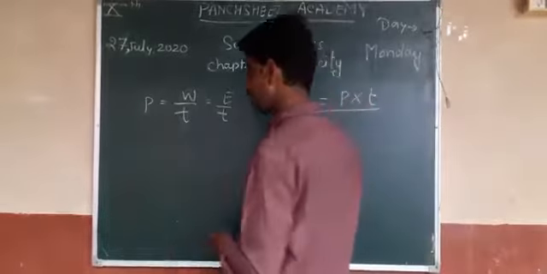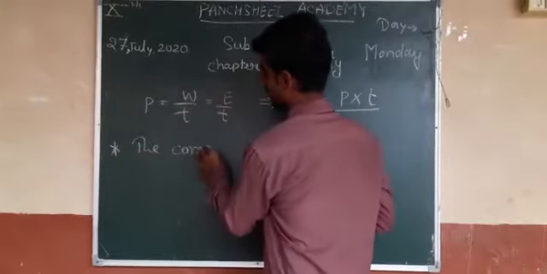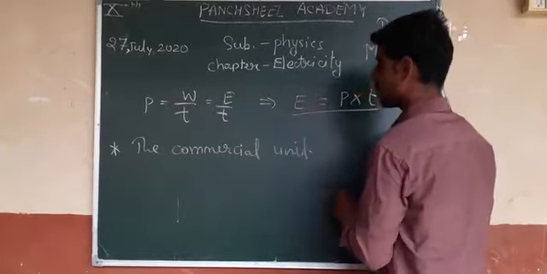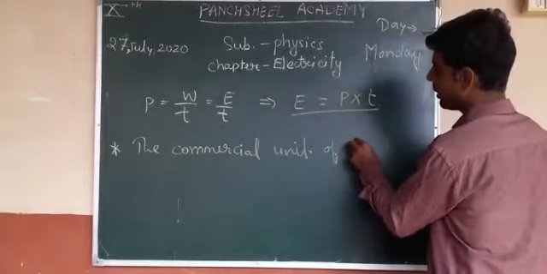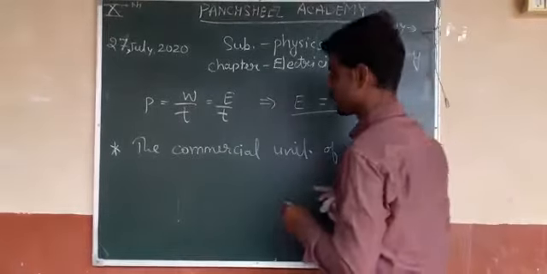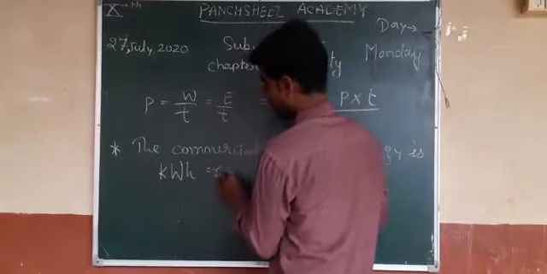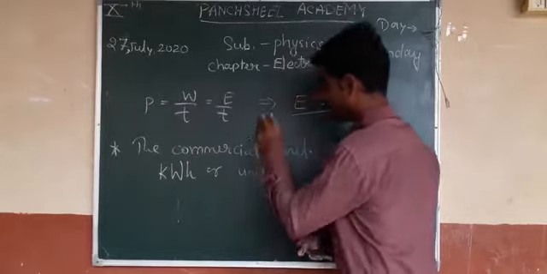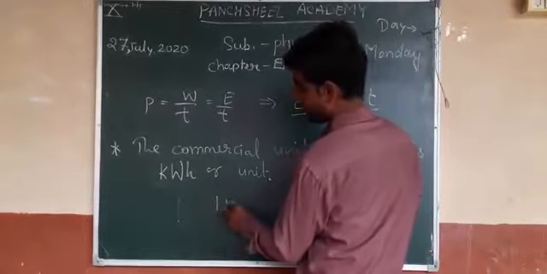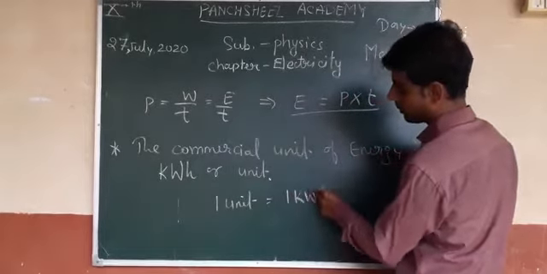One important thing: the commercial unit of energy is kilowatt hour or unit. 1 unit equal to 1 kilowatt hour.